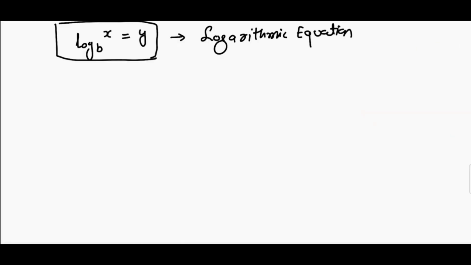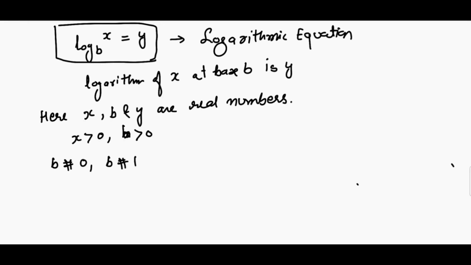So this is my logarithmic equation, and we read this equation as logarithm of x at base b is y. Here x, b, y are real numbers such that x and b are greater than 0, and b should not be equal to 1.